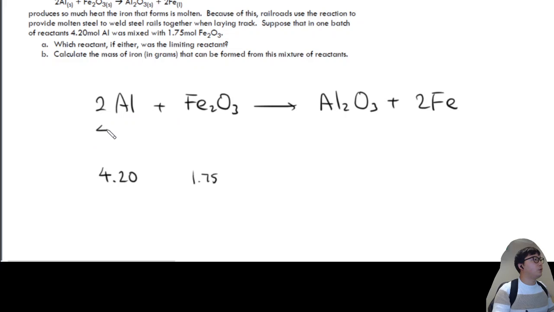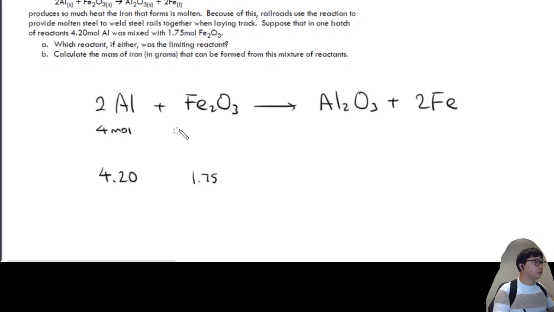So if you have 4 mole, then you require 2 mole of that, right? But you have 4.2 mole, that'll require a little bit more than 2 mole, right? But you only have 1.75. So the question is, which reactant, if either, was the limiting reagent, limiting reactant?